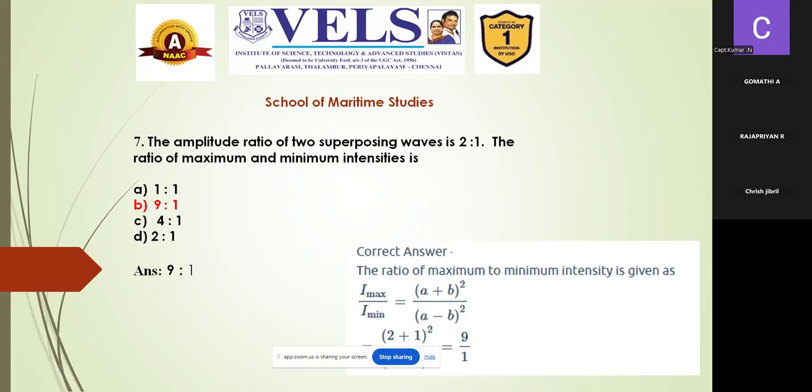So I maximum divided by I minimum is equal to (2 plus 1) whole square divided by (2 minus 1) whole square. 2 plus 1, which means 3, whole square is 9. 2 minus 1 is 1, 1 square is 1. So the answer is 9:1. The ratio of maximum and minimum intensity is 9:1.